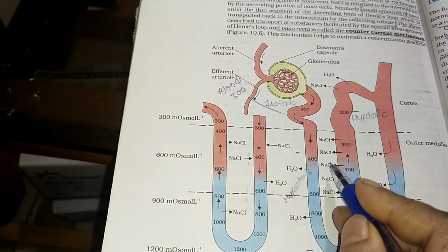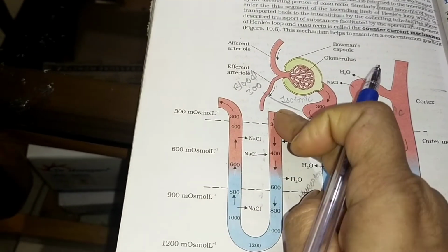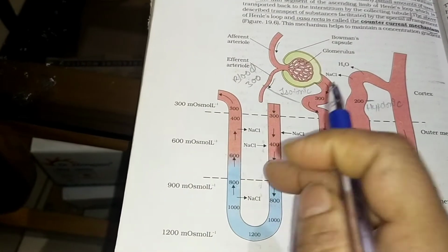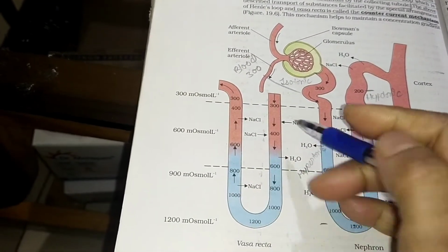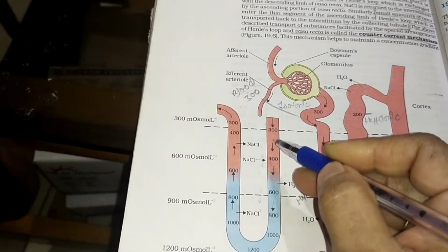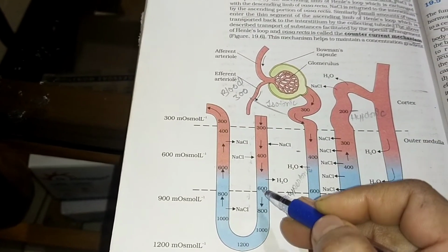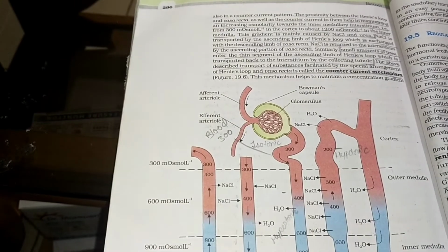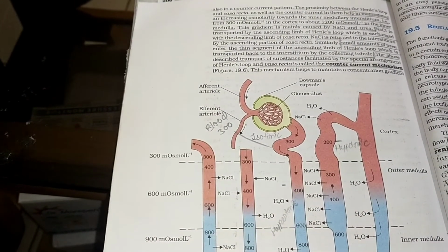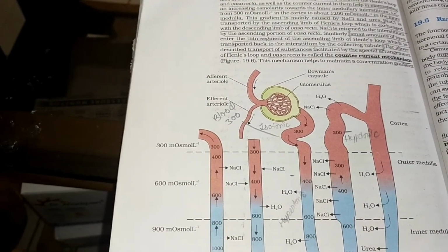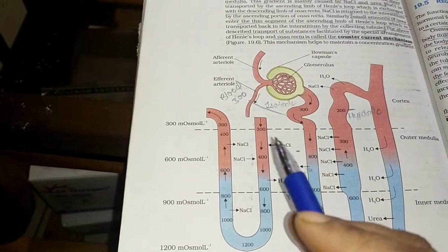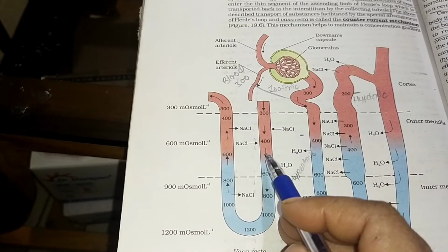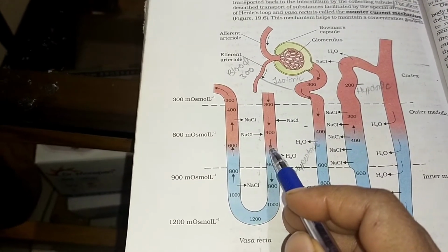The NaCl coming out from here is absorbed by the descending limb of vasa recta. The blood present in the vasa recta will become concentrated, going from 300 to 400, 600, 800, 1000, to 1200 osmoles per liter, because NaCl is absorbed by the descending limb of vasa recta.